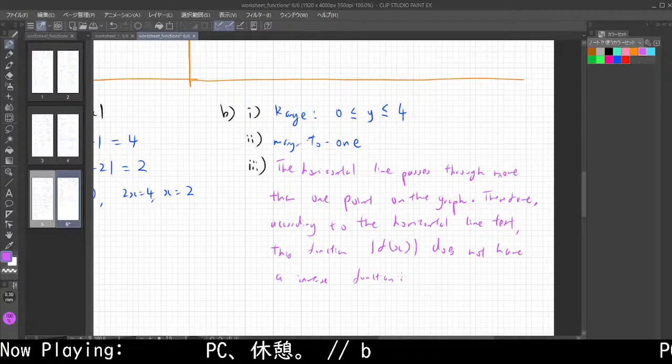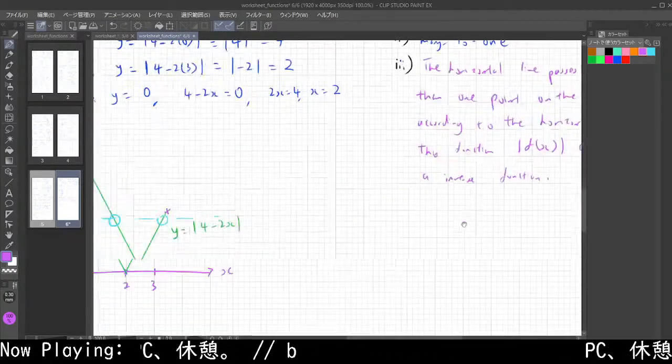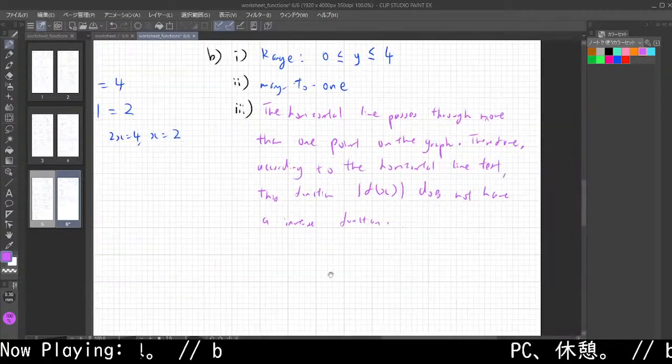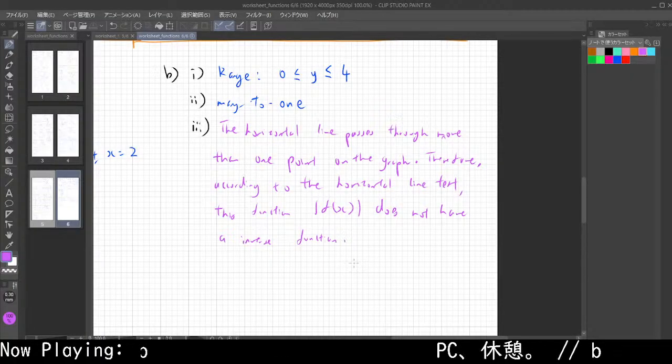Okay, done. The line itself is 1 mark and the explanation is another mark, so 2 marks.